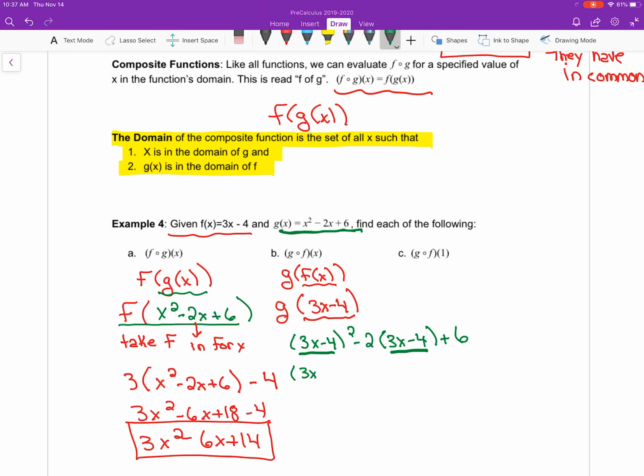So you have to FOIL this out, 3x minus 4 times 3x minus 4, distribute minus 6x plus 8 plus 6. So this is 9x squared minus 24x plus 16 minus 6x plus 8 plus 6, giving me a final answer of 9x squared minus 30x plus 30.